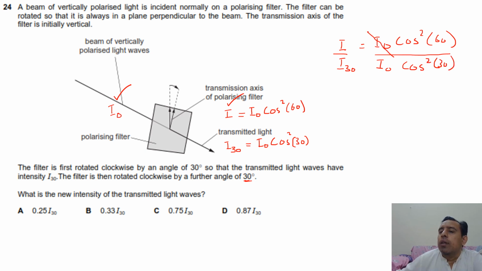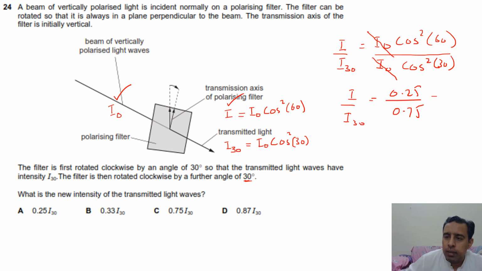Then this I naught is cancelled because it's not going to be used anywhere. Cos square 60 is 0.25, cos square 30 is 0.75. This is I over I30. By dividing, the answer is 0.33. So I is equal to 0.33 I30. So option B is correct.